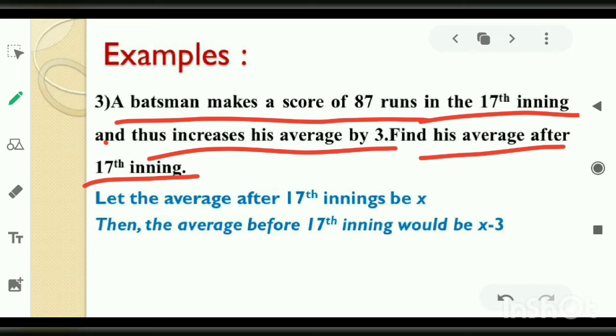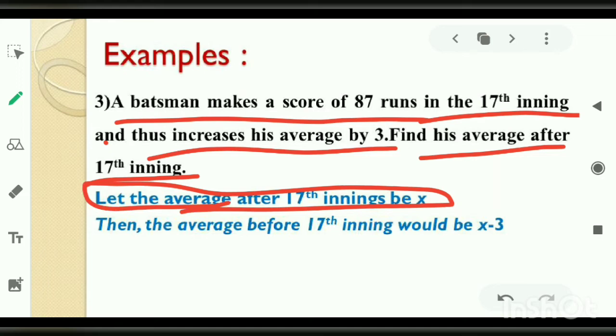Okay, let's assume the average after the 17th inning as X. Then what would have been the average before the 17th inning? It is X minus 3.